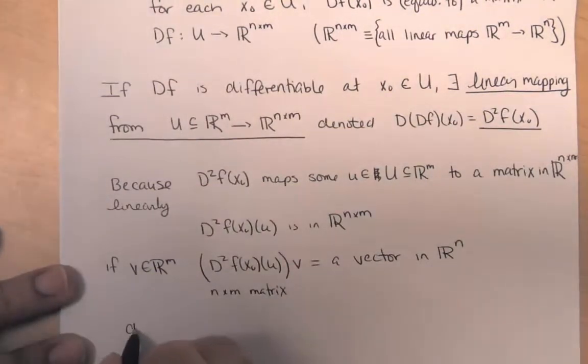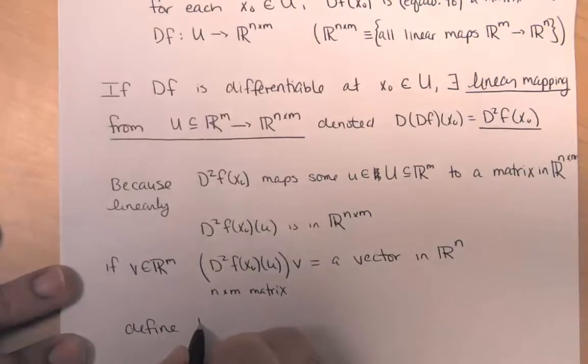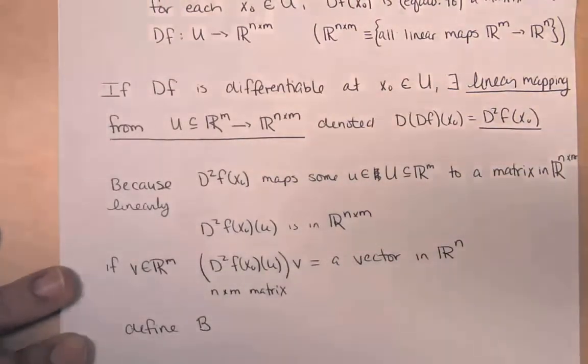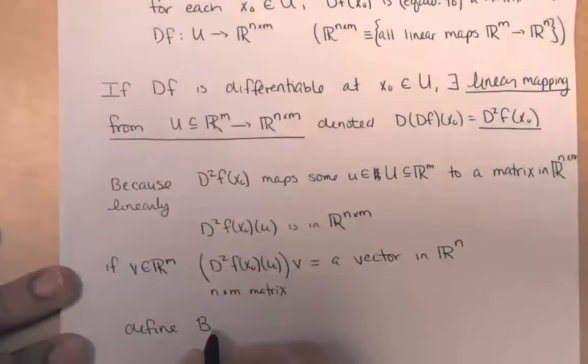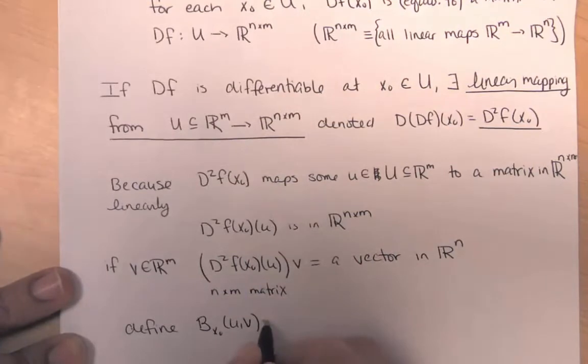So let's define B. Of course, B is going to depend on x naught. And let's let it be a function of both U and V, and it's defined to be the second derivative evaluated at x naught.